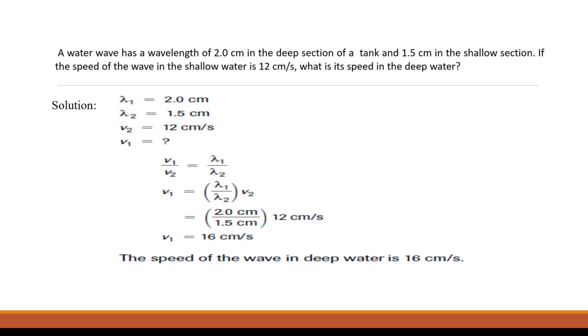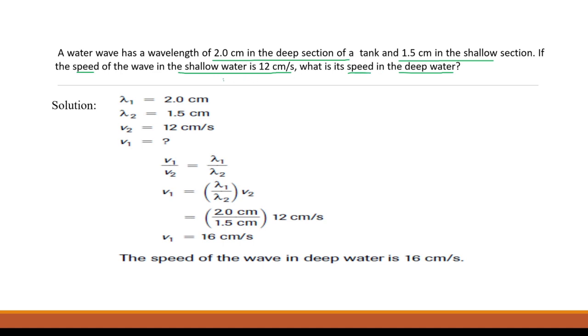So a water wave has a wavelength of 2 centimeters in the deep section of a tank, and 1.5 in the shallow. If the speed of the wave in the shallow water is 12 centimeters a second, what is its speed in deep water?